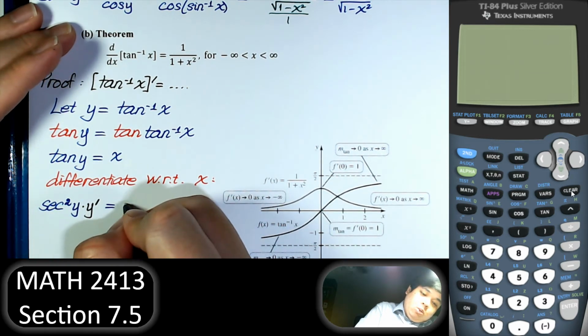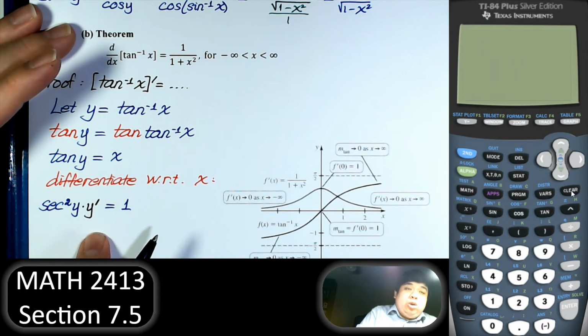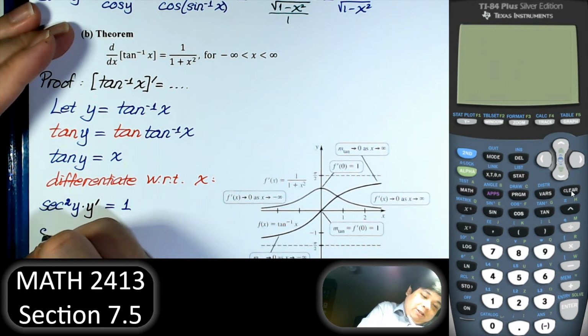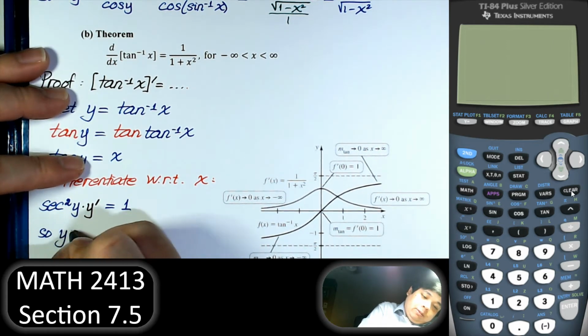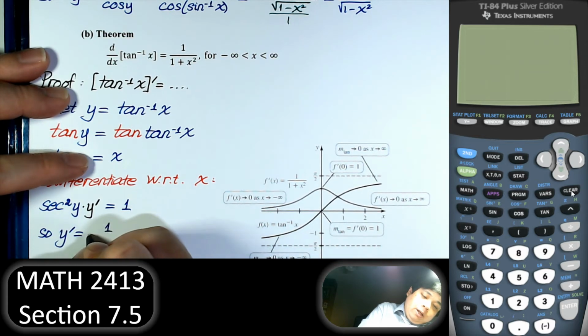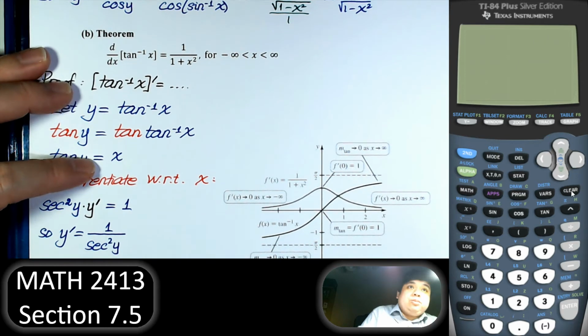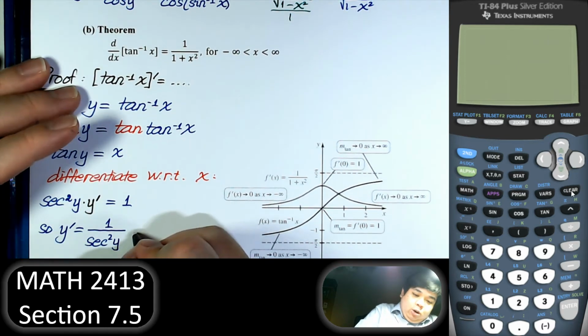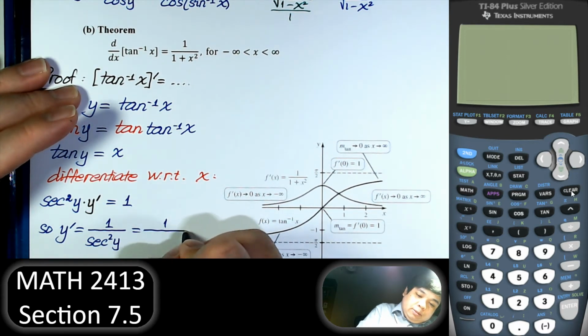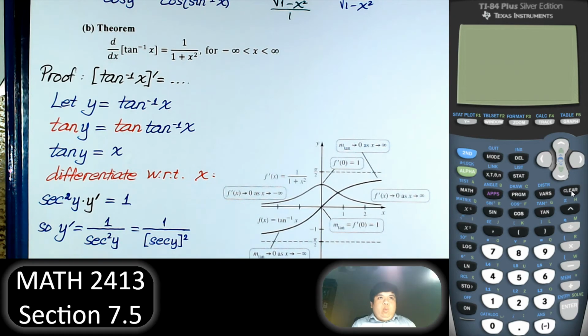Derivative of x is 1. So we solve for y prime. One over secant squared of y. Now, what is secant squared?